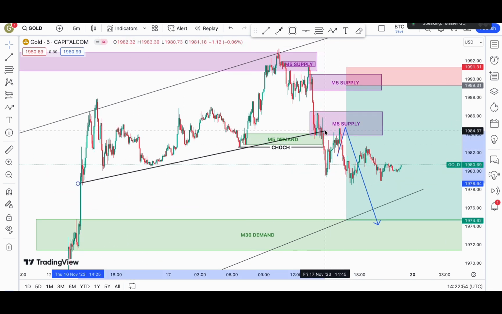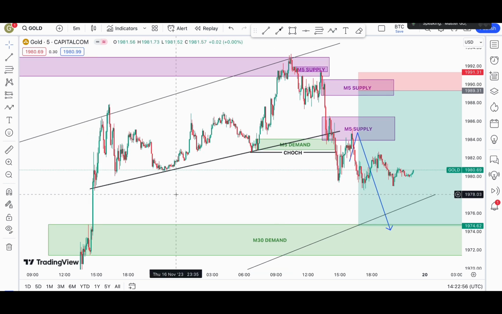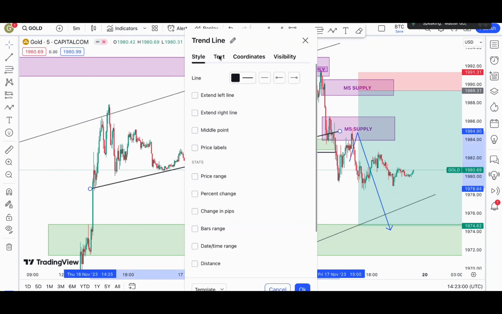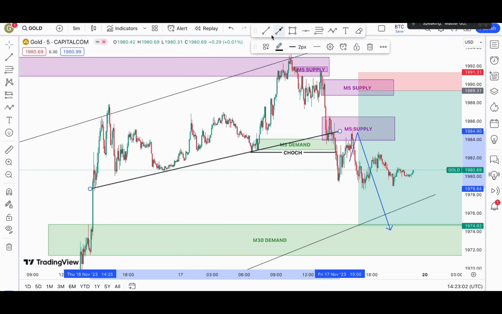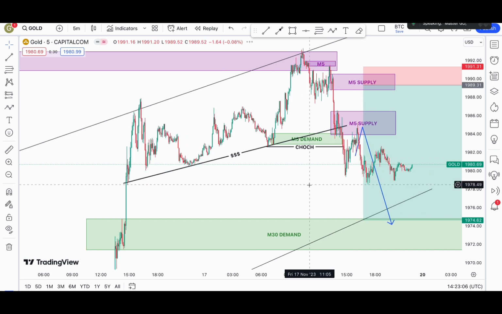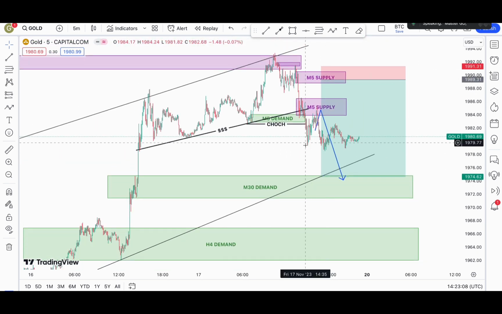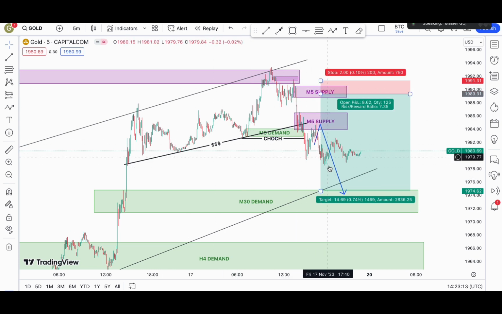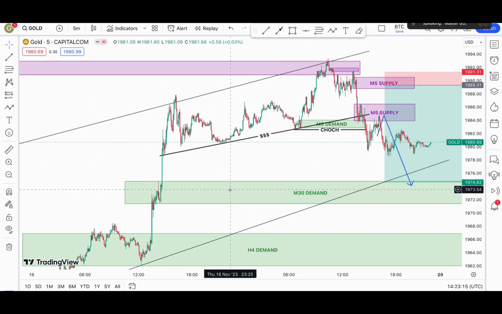Can you see one of the trend lines here? This is also a chart pattern, but for me, I know this is low time frame liquidity. So if we have the liquidity sweep before the zone, yes, then this is a good zone.